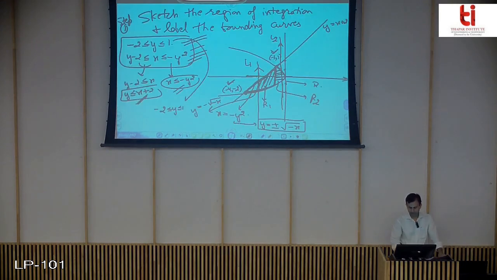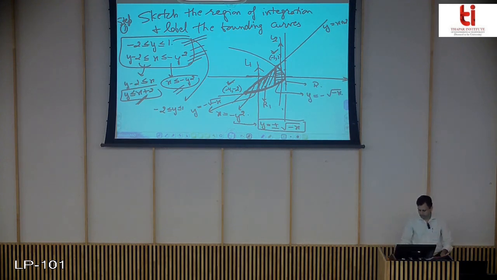Now come to the region 2. Here is your region 2. You can see here that for this region, lines are entering through this boundary, and here it is y equal to again minus under root x.